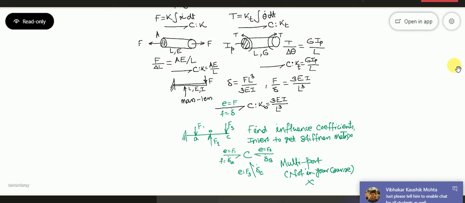So in electrical domain, we know capacitor. See, so for this, we already know that voltage is Q by C, is 1 by C integral i dt.